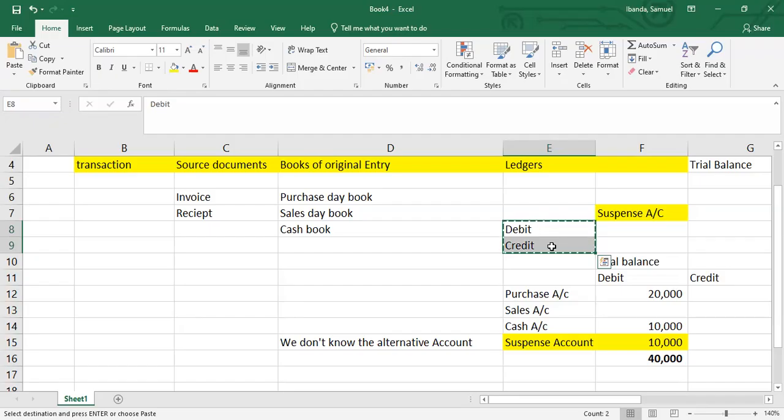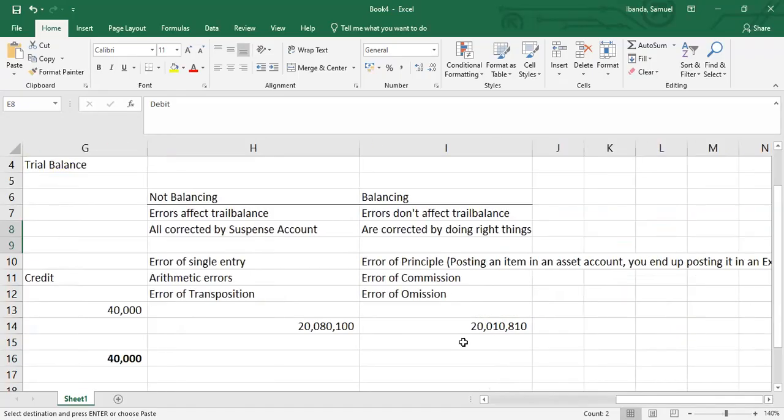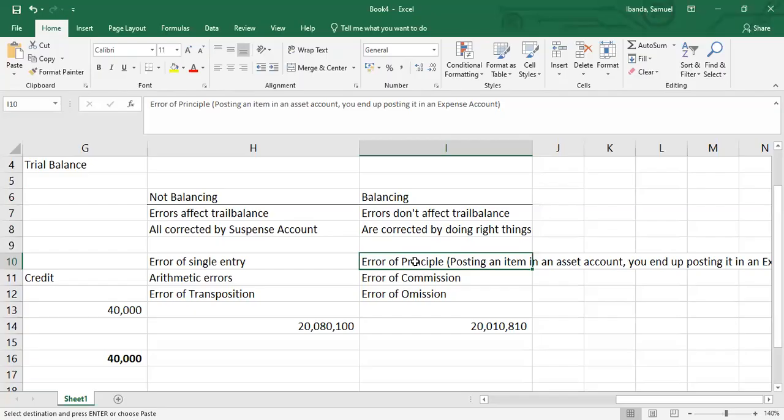Now, with that in mind, we now know some of the errors that don't affect the trial balance. And like I said, errors that don't affect the trial balance are corrected by doing the right thing, okay? For example, error of principle: when we are correcting this error, we remove the item.